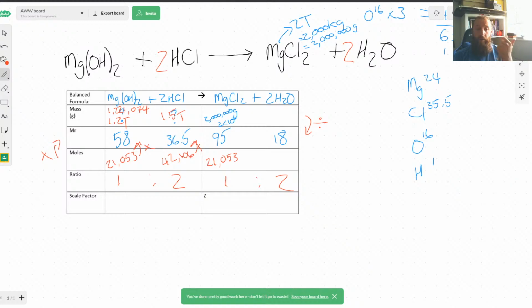Write the equation, balance it, copy the mass in, work out the molecular masses, which is all things that you did last lesson. Divide going down the table, multiply going back up. What it's doing is it's taking 2 or 3 different areas and combining it into a useful problem.